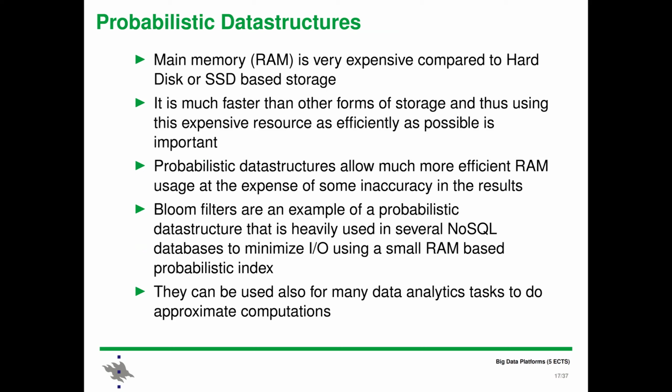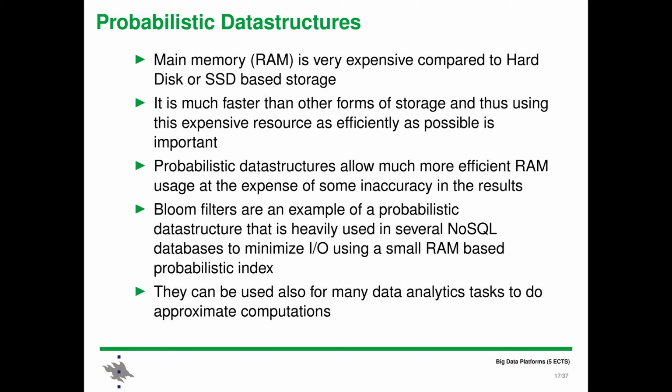Because of this, you should use it wisely if at all possible. Main memory is much faster than any other form of storage. And because of this, we might want to come up with interesting algorithms that use it very efficiently.